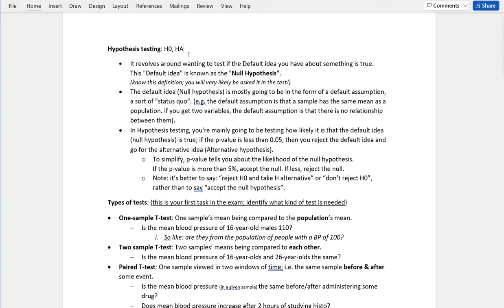For example, in the example that we gave before, the null hypothesis was that the mean of the population's blood pressure is 110. The alternative hypothesis would be that the mean of the population is not equal to 110. That's always what you start with whenever you want to test anything. That is step one every time.